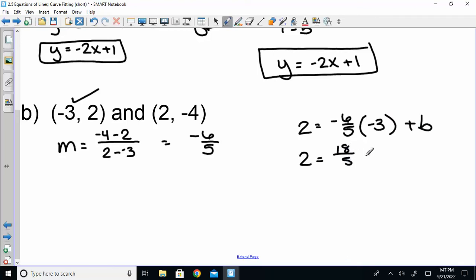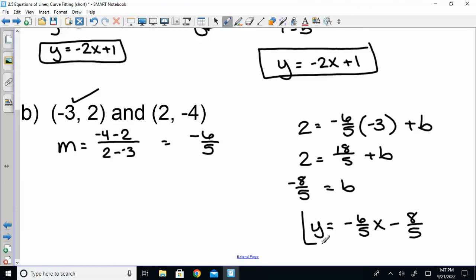Negative 6/5 times 3 is 18/5. Subtract that over, and get negative 8/5. So the final equation, y equals m, negative 6/5 times x plus b, which is negative 8/5.